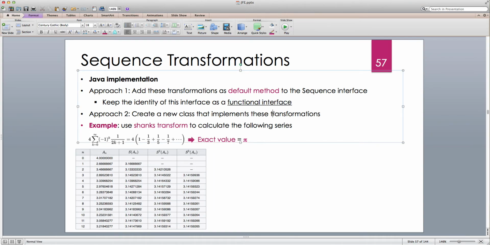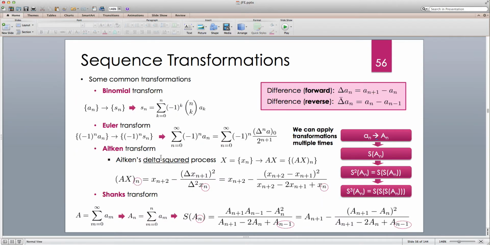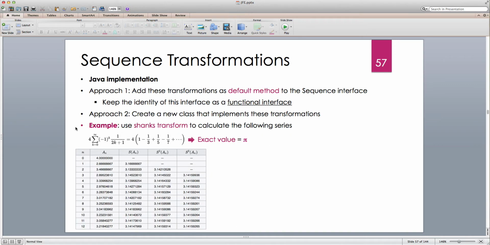So we take our functional interface sequence object, and we want to keep it as a functional interface, but we want to add new methods to calculate this transformation. And the way that Java allows us to evolve an interface while keeping it a functional interface, because remember, a functional interface must only have one abstract method, which is where we evaluate our sequence, is default methods.